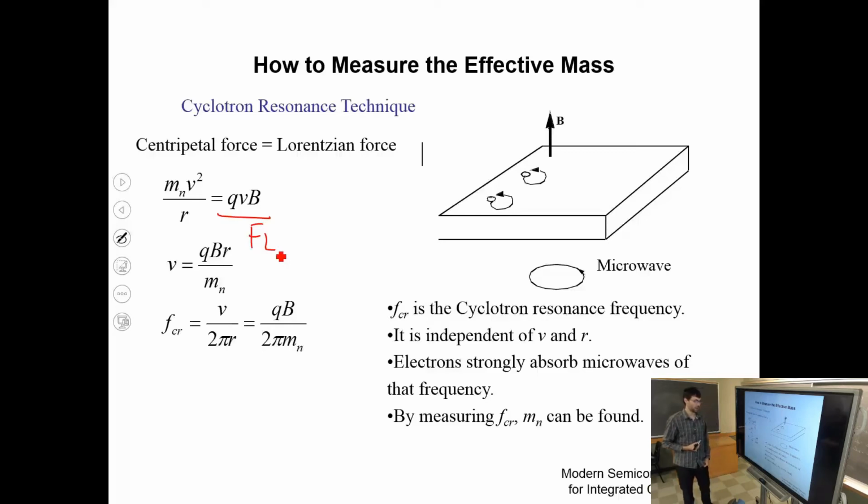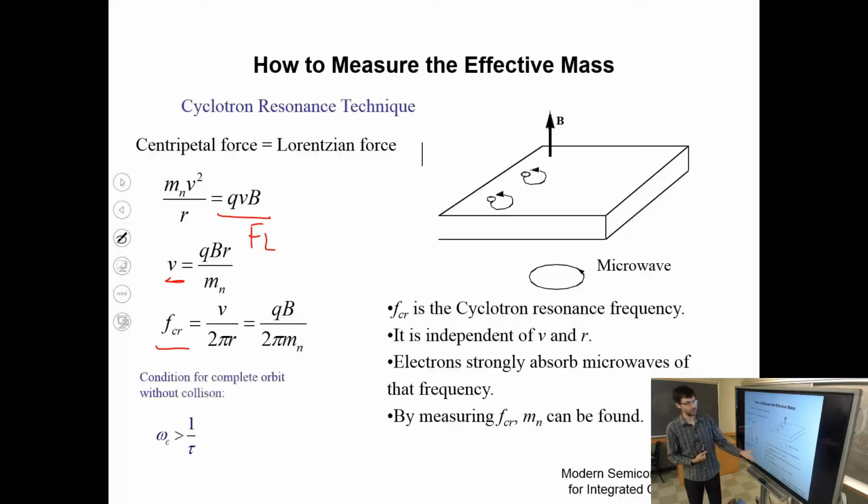And so you can find from this force equality the velocity with which the particles are going to move, and then you can figure out the cyclotron radius or the cyclotron frequency that corresponds to these orbits. And so there will be a certain cyclotron frequency, which is how fast the particle travels around circles.